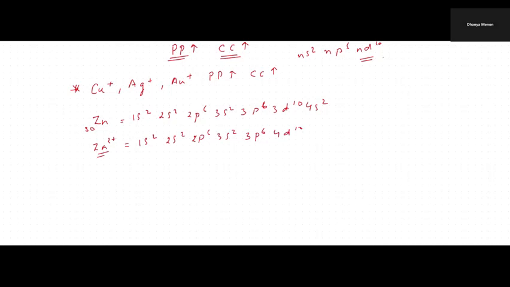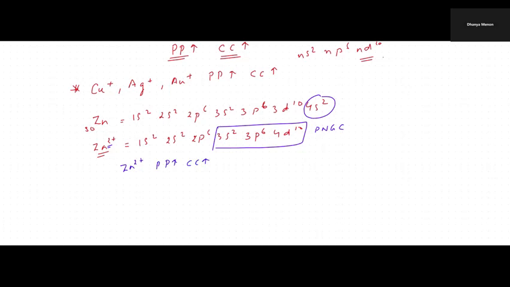So we don't write that because it is zinc ion. Now, what kind of configuration do we have? The zinc ion has pseudo-noble gas configuration, right? Polarizing power is more, so the covalent character is more.